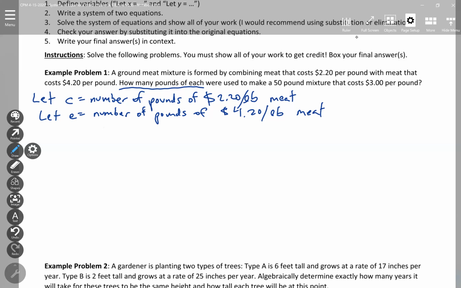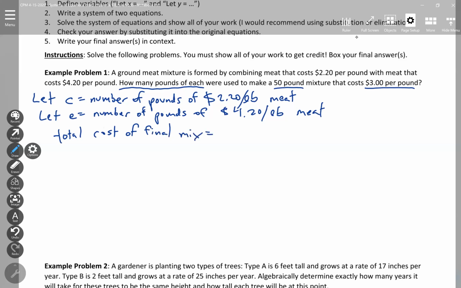Next part is writing our equations. Now, in order to do this, what I would do here is calculate the total cost of the final mixture, because we have 50 pounds and it costs $3 per pound, so we could very easily calculate the total cost there.